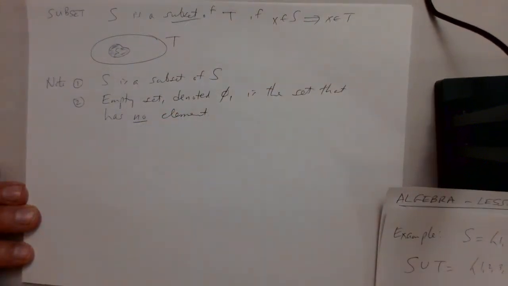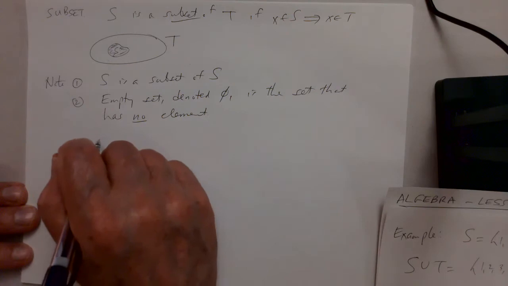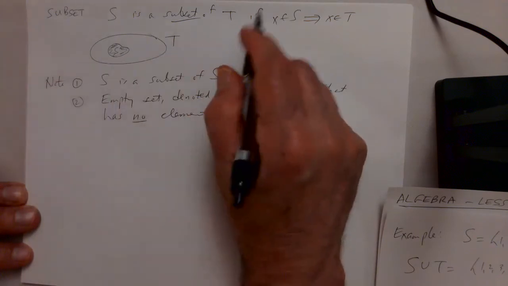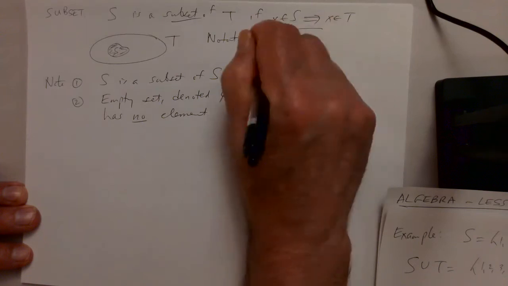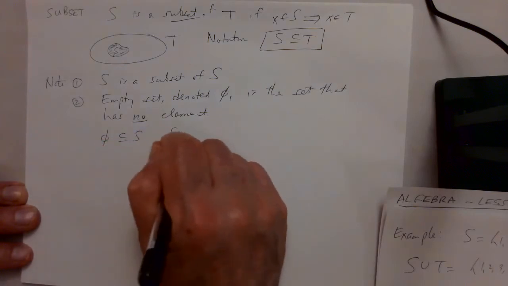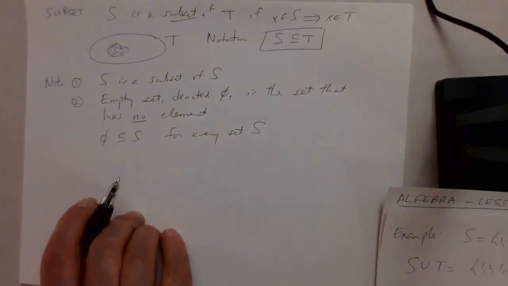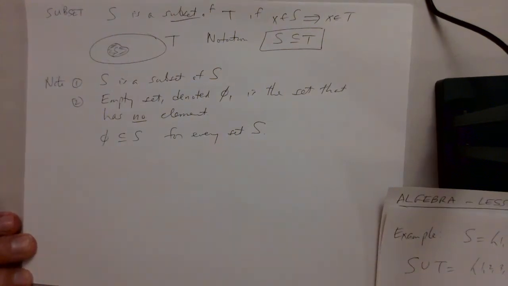So like if your set is clothes and you put them in a suitcase, if the suitcase is empty, that's the empty set. And I should say the notation for S is a subset of T is S is contained in T. So the empty set is contained in S for every set S. So the empty set is a subset of every set, and the whole set is a subset of itself.